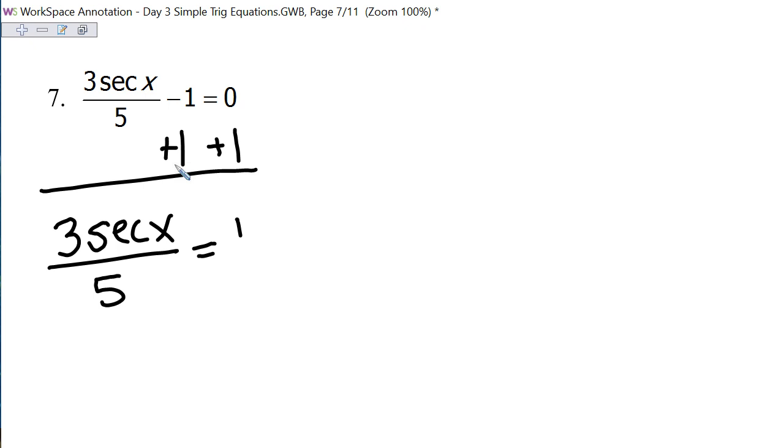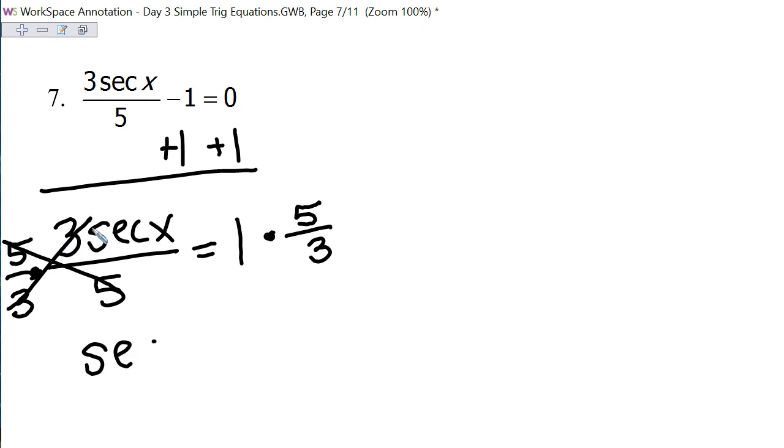How can I get rid of that 3/5? Multiply both sides by 5/3. So that gives us secant of x is equal to 5/3.